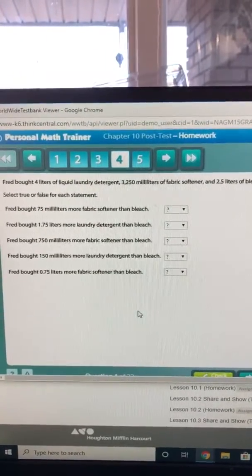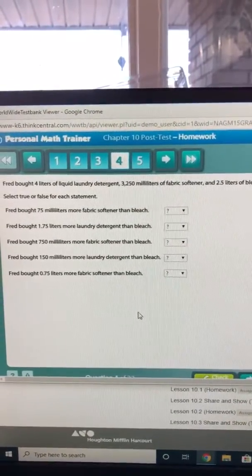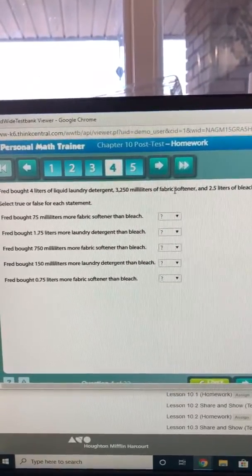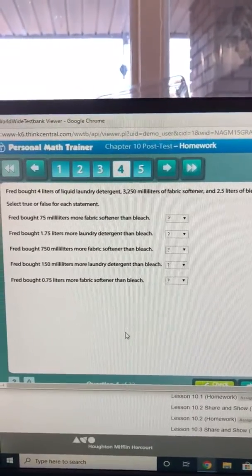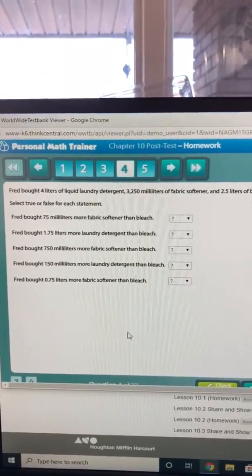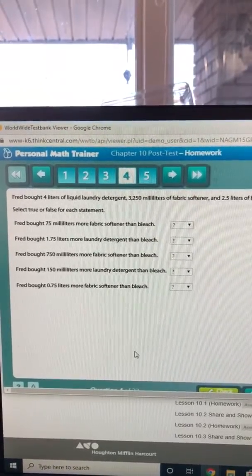Usually would be the basic unit of measurement that we're talking about. Okay, in this case, we're talking about liters. We have liters, we have milliliters. You're going to have to convert back and forth, thinking about powers of 10 and which way to move that decimal point.